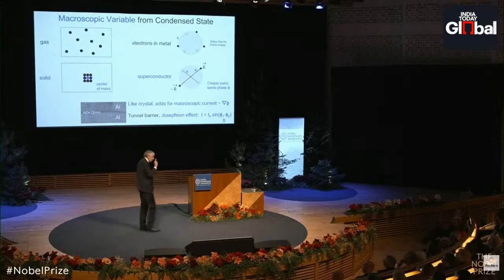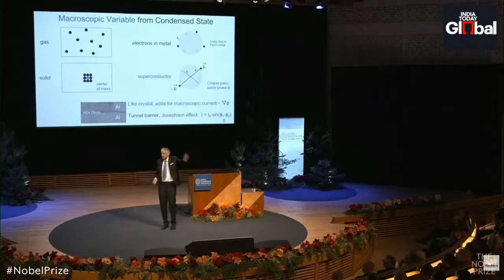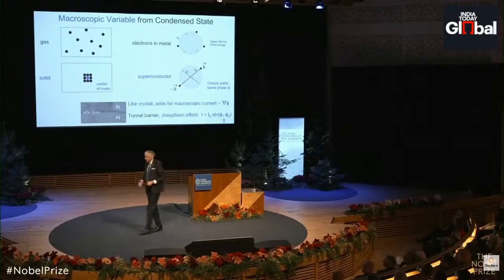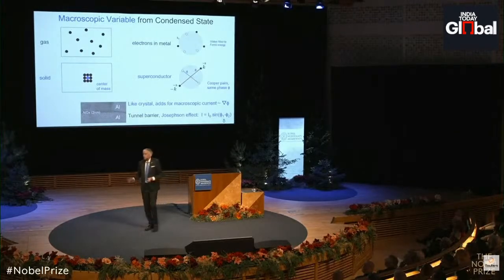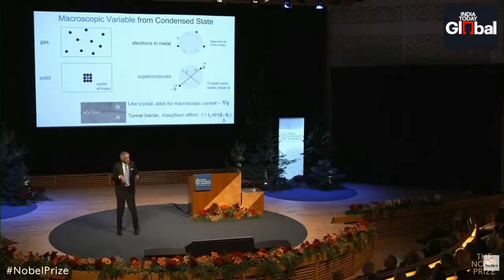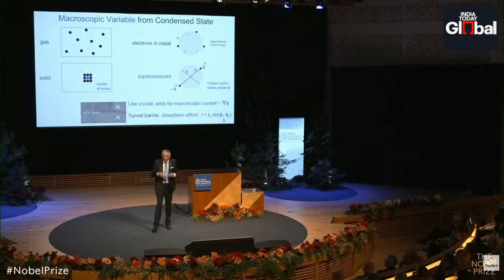What's very nice about the superconducting state is there's a free parameter to the state, just like in the solid, having the center of mass being a free parameter, called the phase. And if there's a change in phase over distance, that is equivalent to a current flowing through the wire. And as long as that current isn't too big, it's in the superconducting state. If the current's too big, it starts looking like a normal metal. It breaks the Cooper pairs. Okay, so you have to keep that in mind.